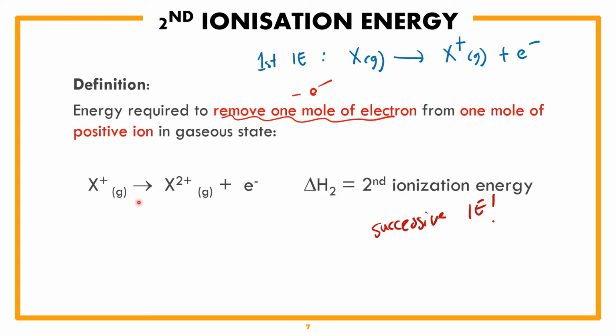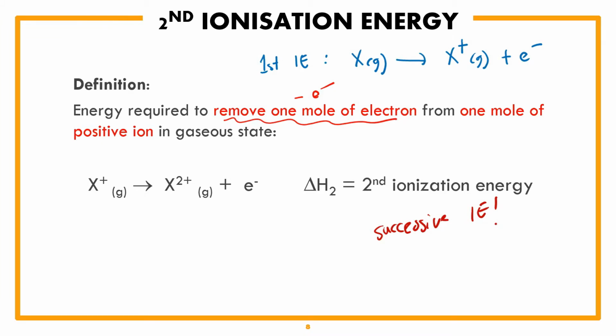In all processes there, we are going to remove another 1 mole of electron. Kita akan buat benda yang sama, proses yang sama, iaitu buang 1 mole of electron. So, the concept of ionization energy is about removing electron from the valence shell.